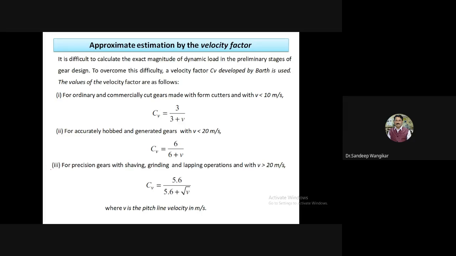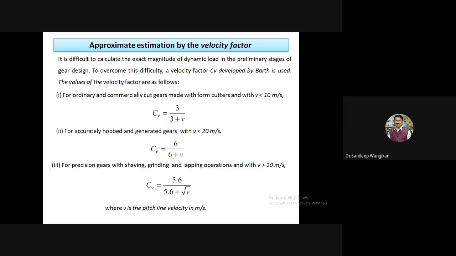Then some assumption method is there, approximate estimation, and we have to calculate P effective by this method. And in the second case, when we have the module, then based on the module we can calculate the pitch circle diameter, then face width, and all the errors also. All things we can calculate. It is the precise estimation of the dynamic load or effective load acting on the gear.